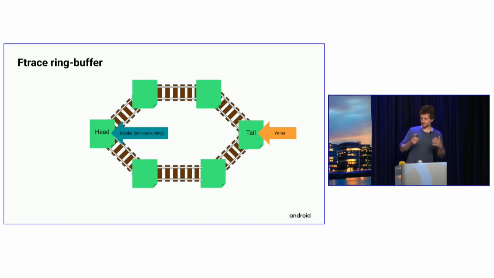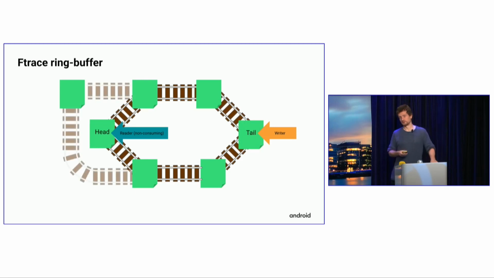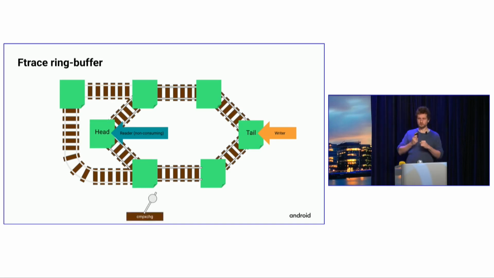It's quite annoying. So there is another way of reading the ring buffer. To do this, you take another page, and you swap this page with the one you want to read. So you connect your page to your ring buffer. And then atomically, you reroute your writer train from one rail to the other.